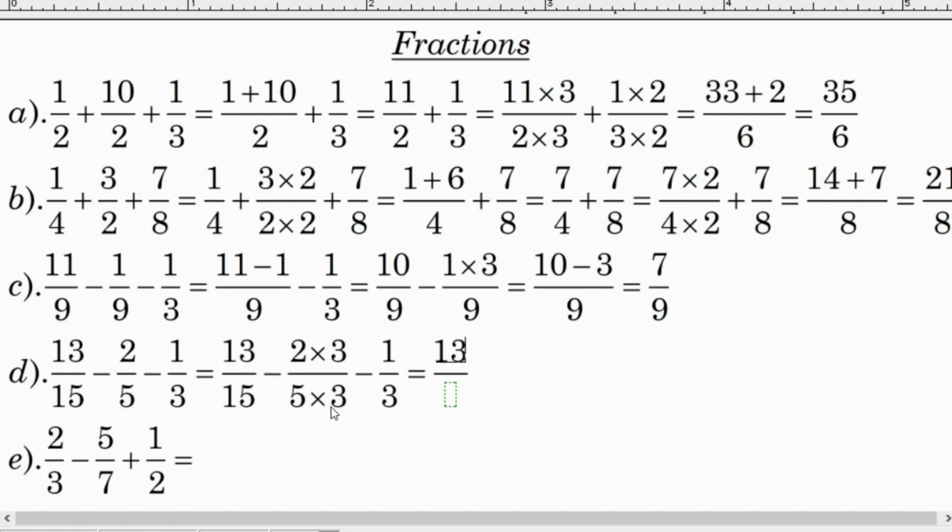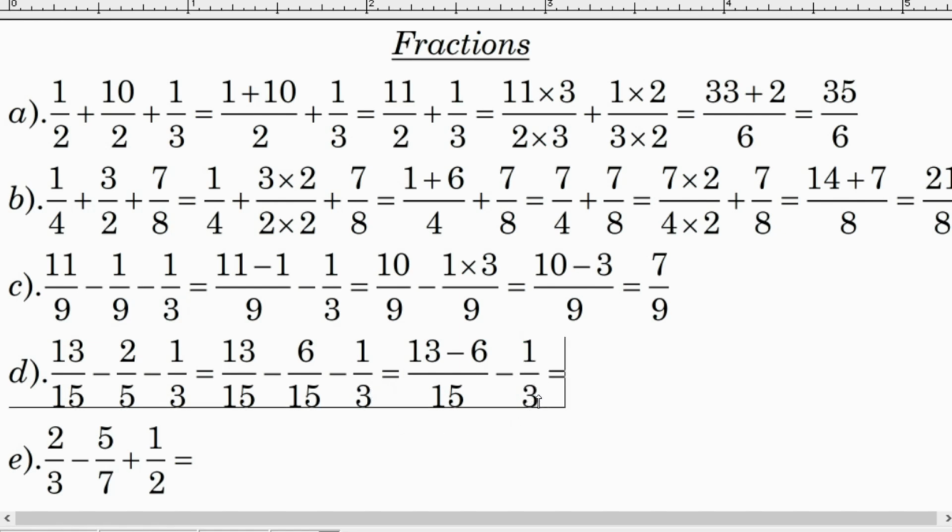And then we already have the same denominator here, which is 5 multiplied by 3 equals 15. And 2 multiplied by 3 equals 6, right? So we put the same denominator here, 15, and then we take the numerator, which is 13 minus 6. Minus here 1/3.